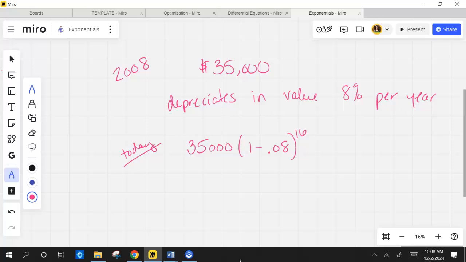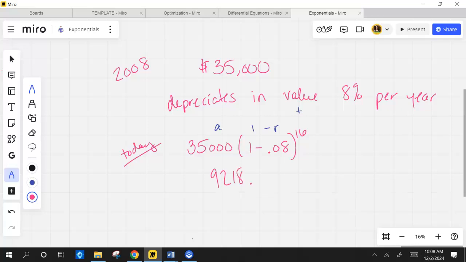Wait, depreciation, 8% each year. All right, notice what I did. This is my A, 1 minus R, and then my T. 2024. I'm 15. And my birthday has already happened. I just forgot my age.